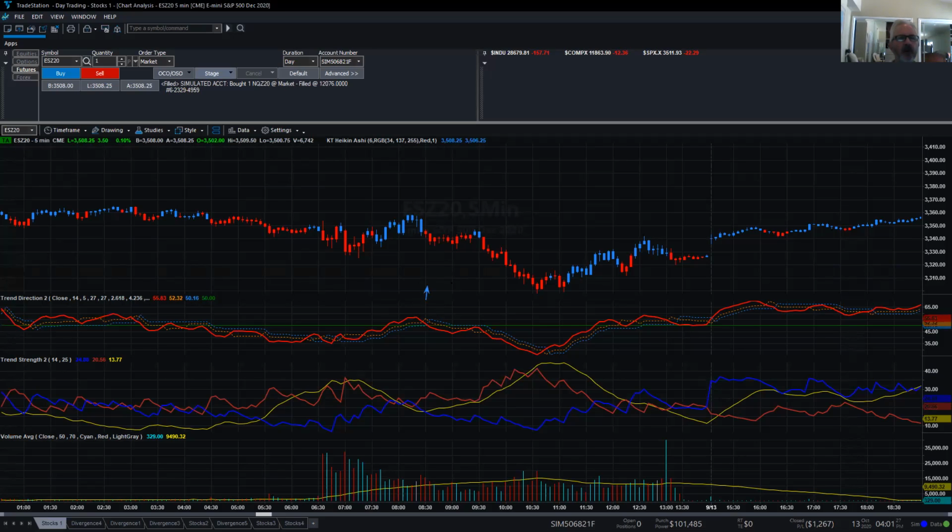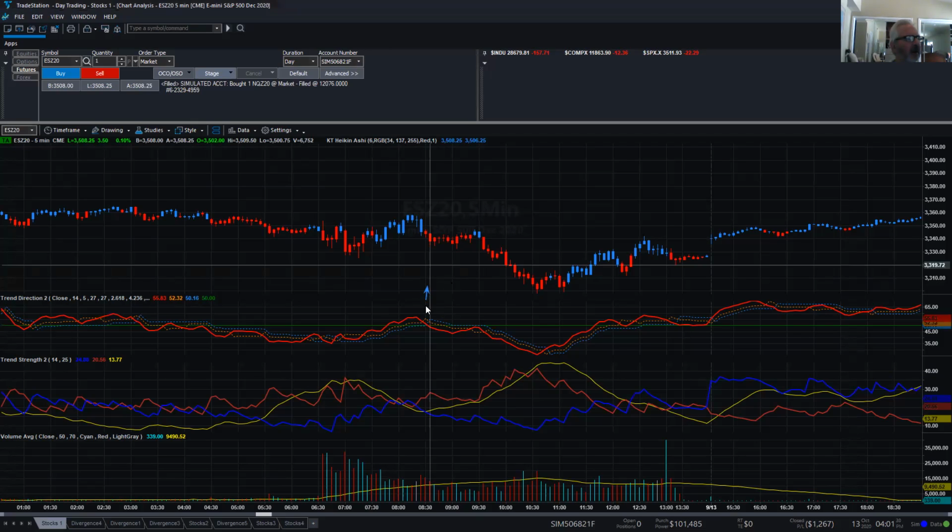So this is the bar right here, and we entered at the open, not the close, because as soon as the next bar opened on a 5-minute basis, we had movement across from bullish to bearish.